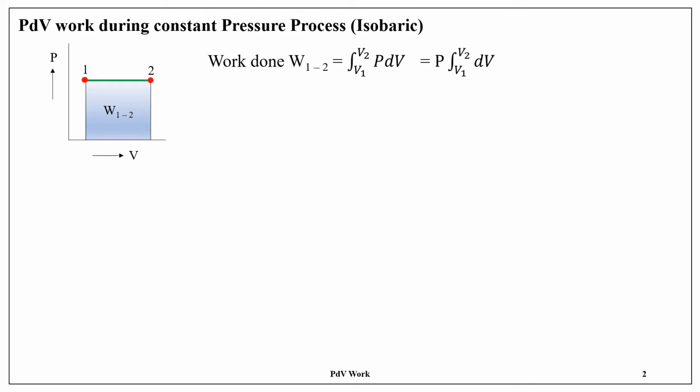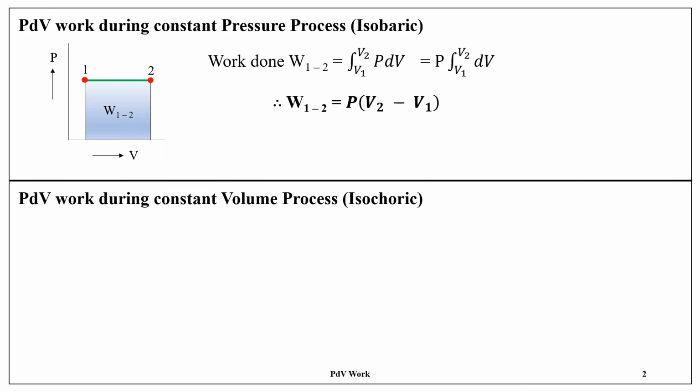Since it is a constant pressure process, P is taken out of the integral, and that gives W12 is equal to pressure multiplied by difference between the final volume and the initial volume. So this is the final expression to calculate the work done, that is PdV work done during a constant pressure process.